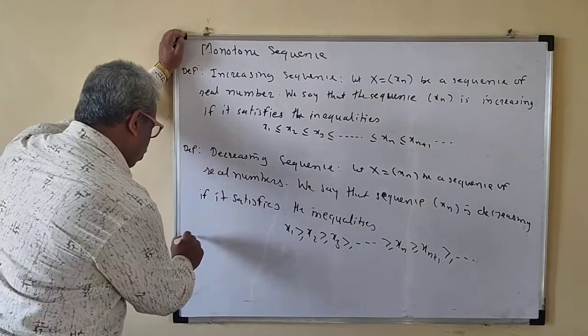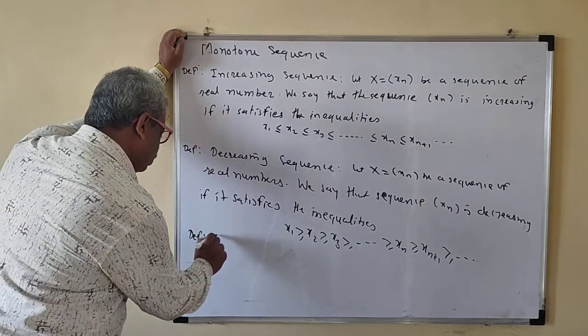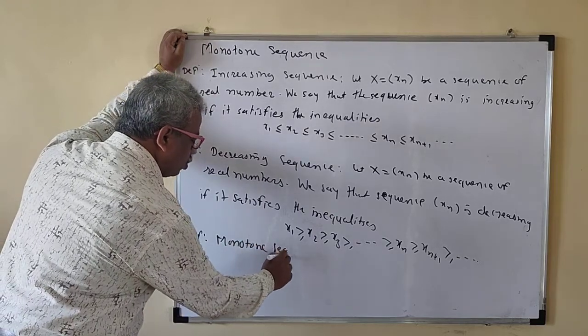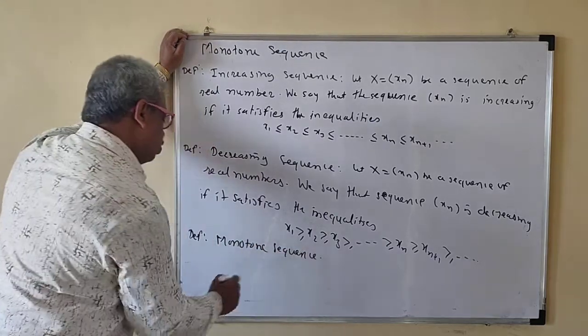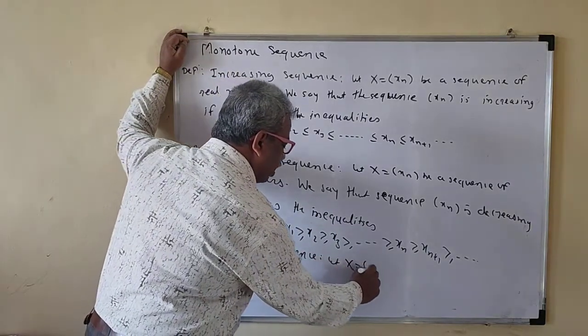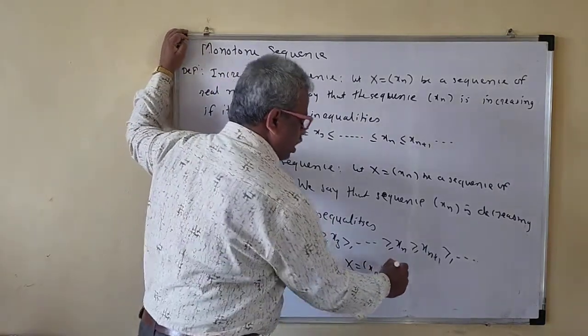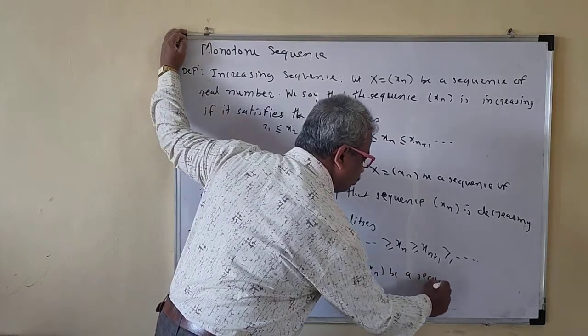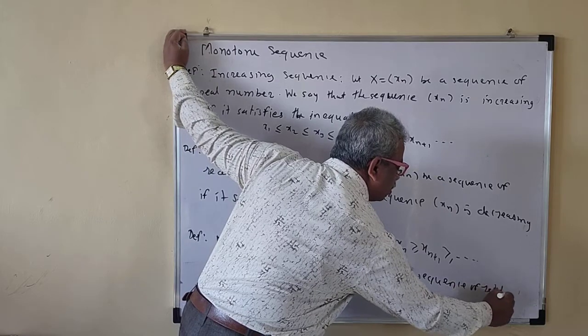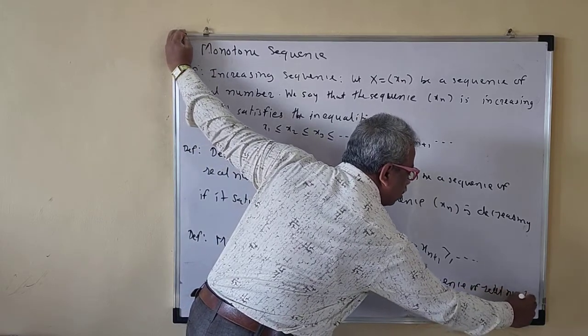Now we'll see what a monotone sequence means. Let X = (xn) be a sequence of real numbers.